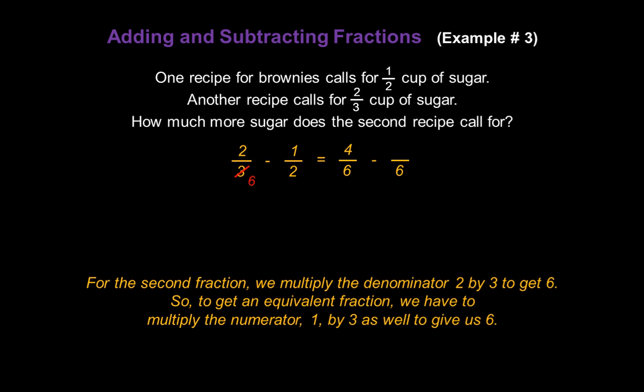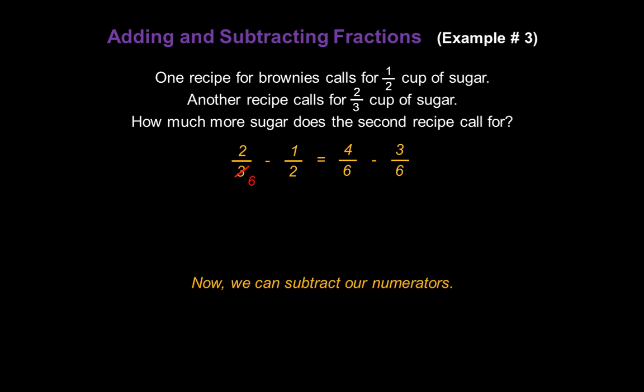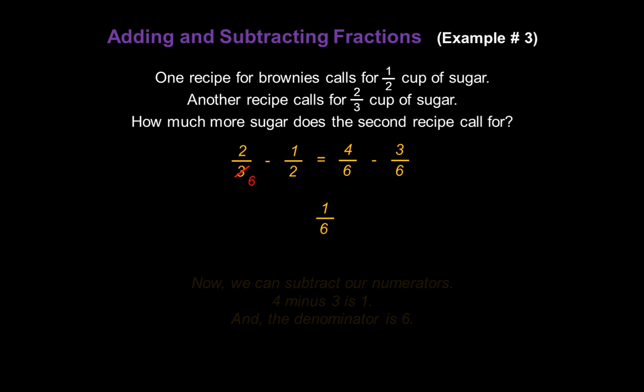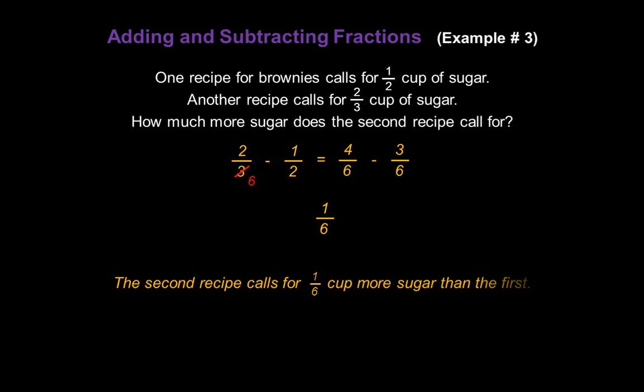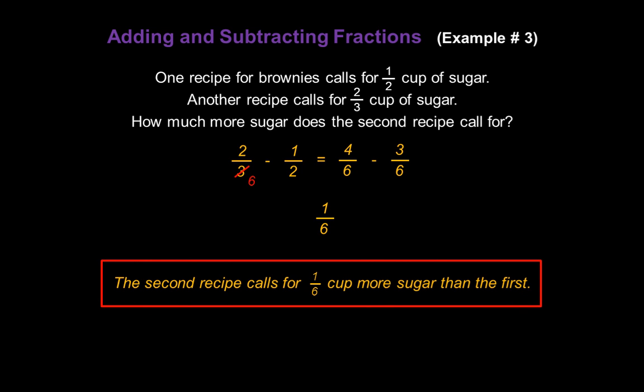So to get an equivalent fraction, we have to multiply the numerator 1 by 3 as well, and that's going to give us a 3. Now we can subtract our numerators. 4 minus 3 is 1, and the denominator then is 6. So that's our answer. The second recipe calls for 1/6 cup more sugar than the first.